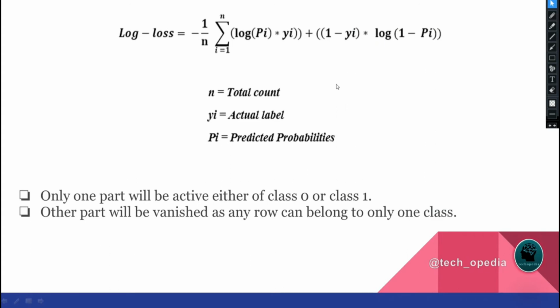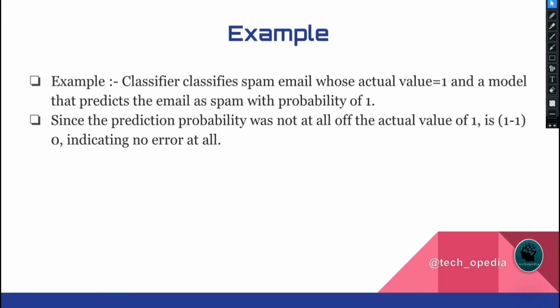Now let us understand how to calculate it after putting all these values in case of various scenarios. Example, a classifier classifies spam email whose actual value is 1 and the model predicted that email as spam with probability of 1.